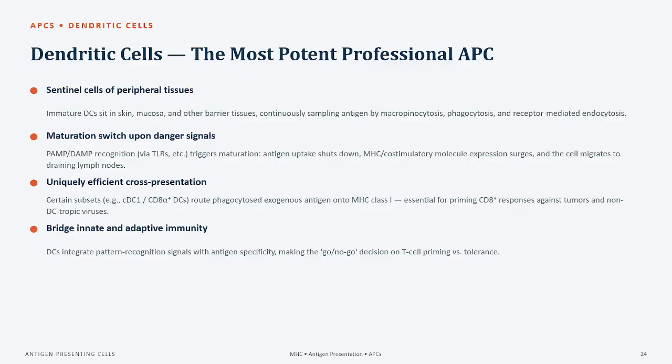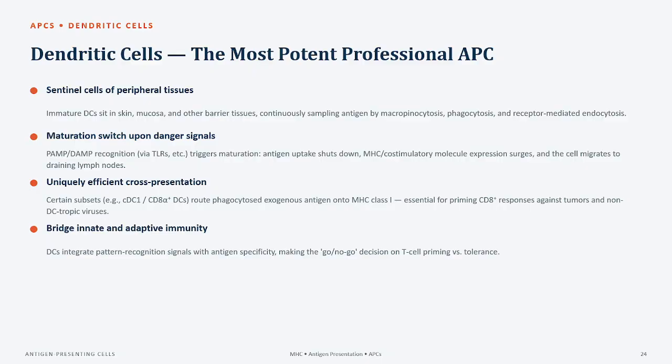They reside in the skin and the mucosa, constantly sampling the local environment. Then comes maturation and migration, where pathogen recognition shuts down antigen uptake and triggers migration to the lymphoid organs. Then there is cross presentation, where certain subsets route exogenous antigens onto MHC class 1 molecules to prime the CD8 plus T cell responses against tumors and viruses.